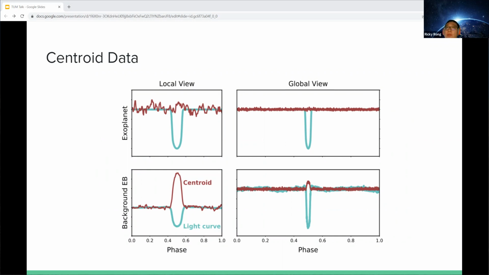For an exoplanet during a transit, you'll see a drop in the flux, but the light centroid wouldn't move, because the planet is basically a small dot that blocks off some of the star's light. But for a binary system, when they eclipse each other, you'll still see that drop in flux because one of the stars may have blocked some of the light from the other one.